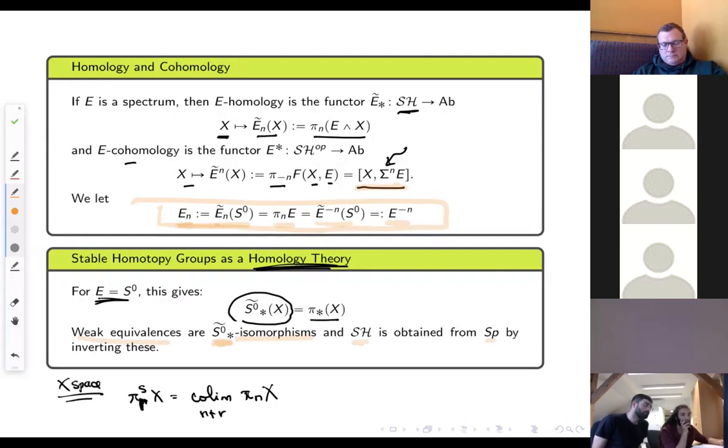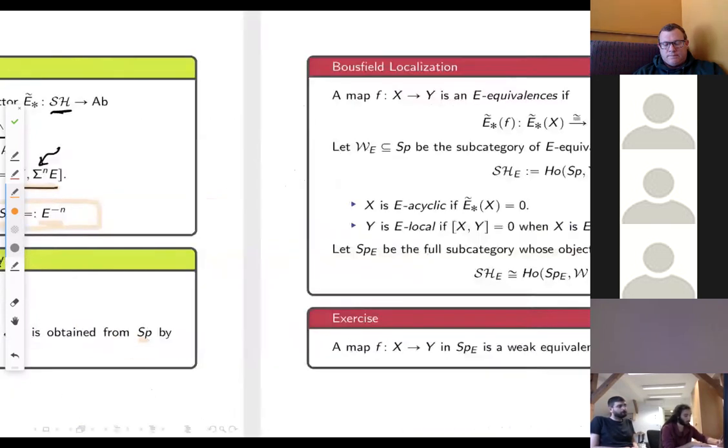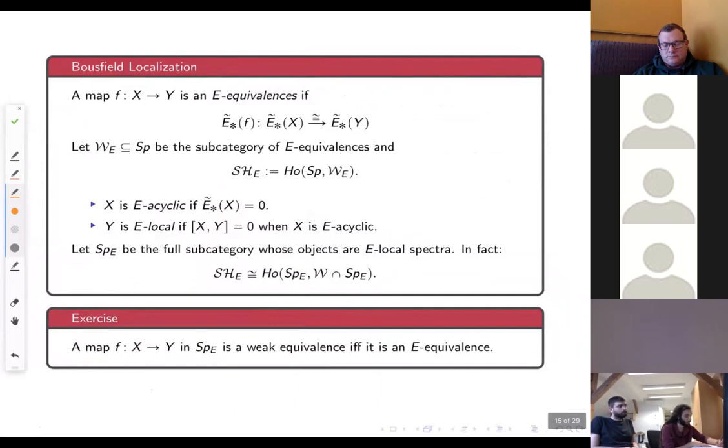So the next topic: we chose to invert the weak equivalences, but we could have also inverted other isomorphisms for other homology theories. That brings us to the topic of Bousfield localization. A map f is an E equivalence if it's an E star isomorphism.